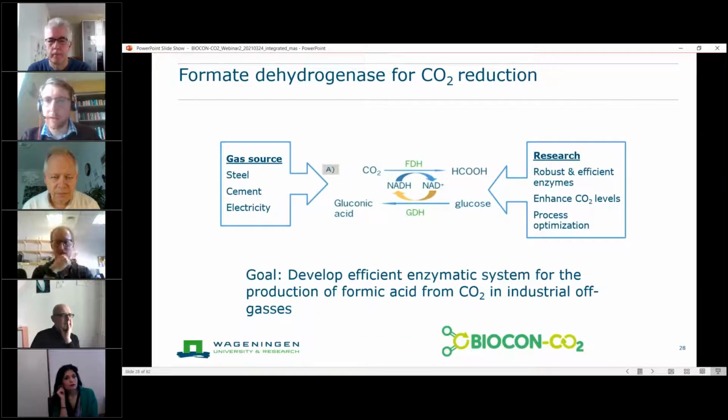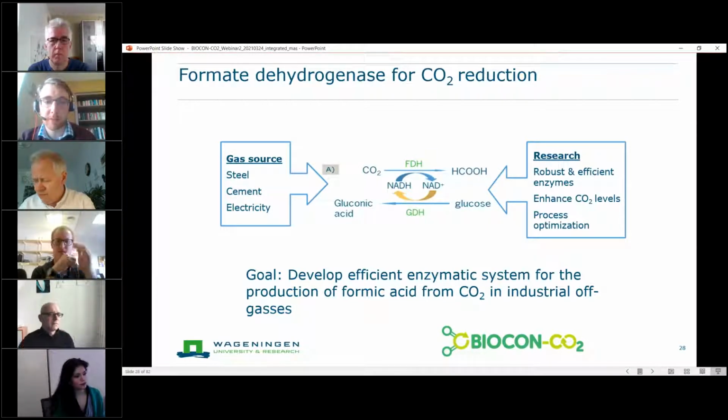So in the BIOCON-CO2 project, we are working on this kind of chemistry for the reduction of carbon dioxide to C1 chemicals, where we're using a system for the production of formic acid from carbon dioxide based on a formate dehydrogenase enzyme, which catalyzes the reaction using the enzymatic system with glucose dehydrogenase and conversion of glucose to donate electrons to it.